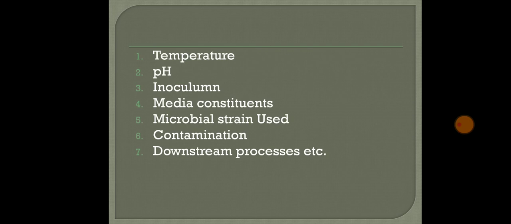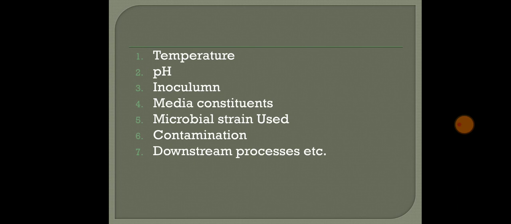There are various factors which affect the process of fermentation. Temperature directly affects the growth of a microorganism, same as pH, which also directly affects the process of fermentation. Inoculum should be active, pure and in log phase, so that also affects the process.